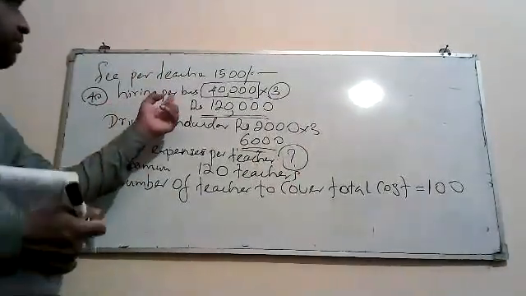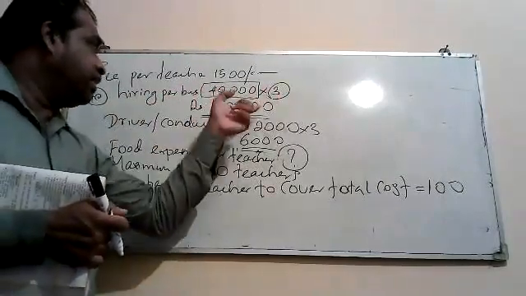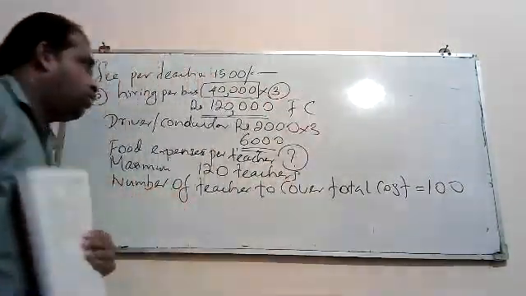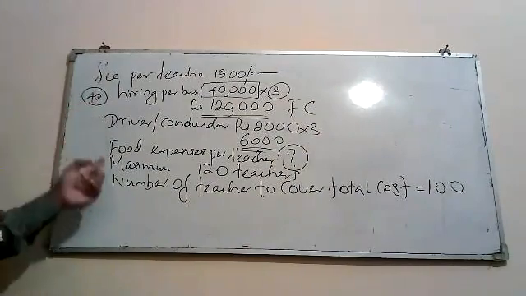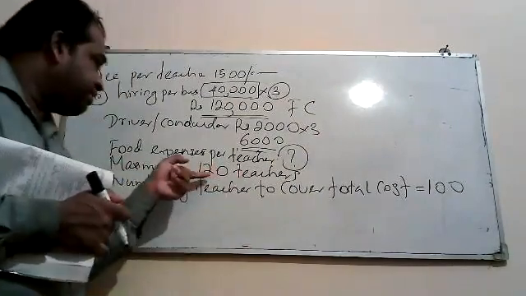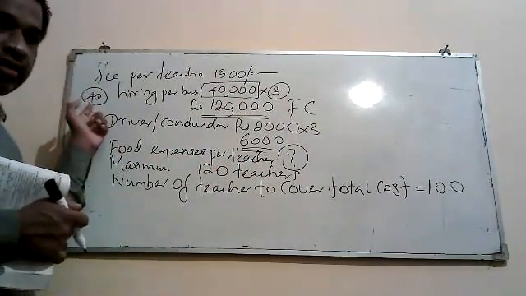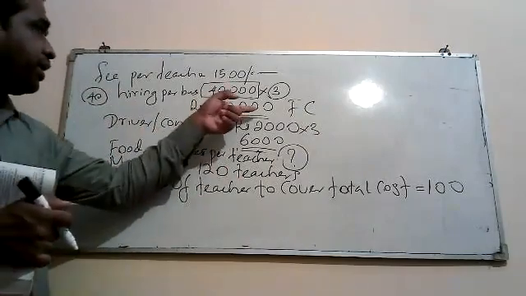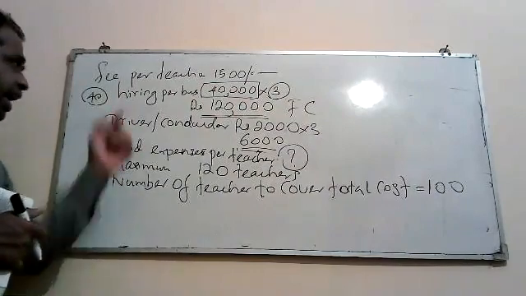Hiring per bus is 40,000 for one bus, and as there are 3 buses here, it is 120,000. That is a fixed cost because we have 40 seats in one bus and the maximum number of teachers is 120. Therefore, we want 3 buses, and we have to incur 120,000 rupees as the hiring.